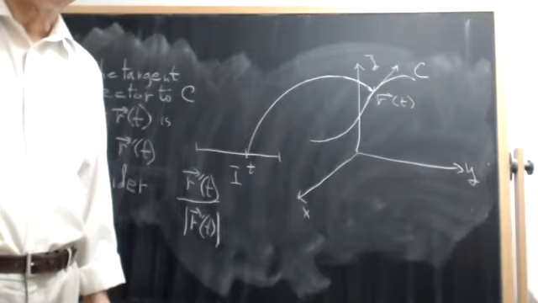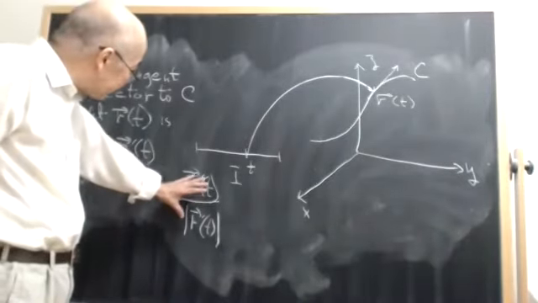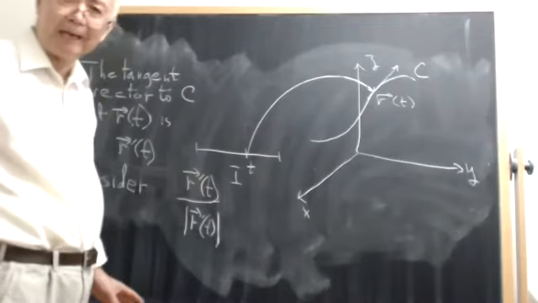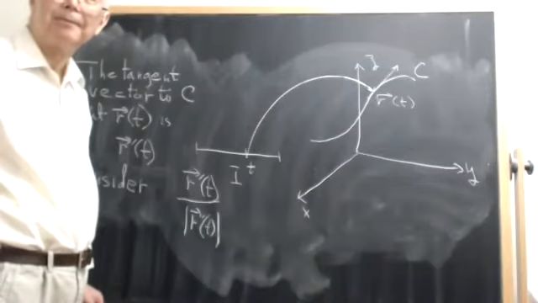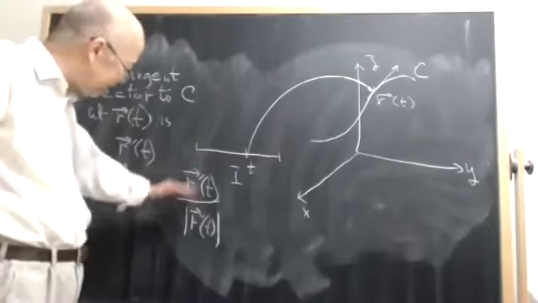Okay? So what is the length of this normalized tangent vector? The arc length? No, the length of the vector.